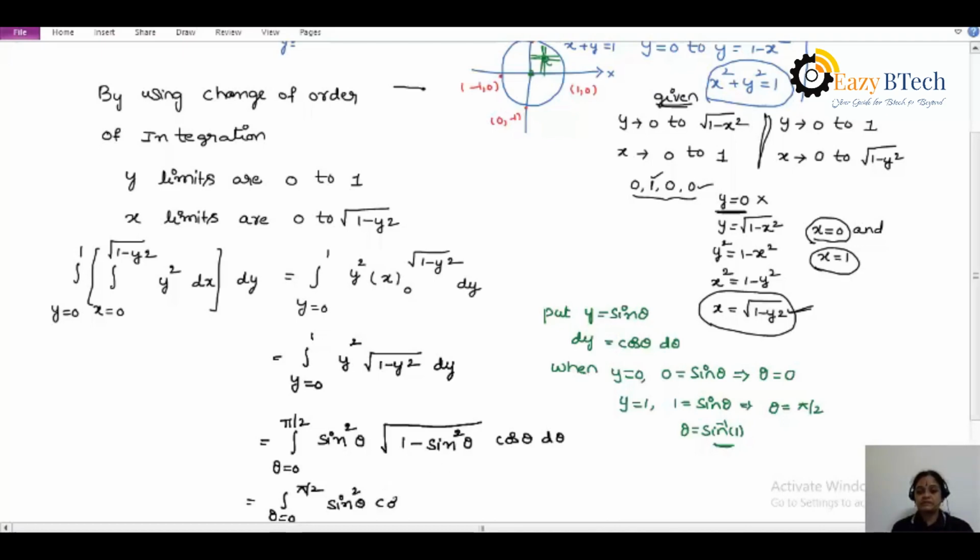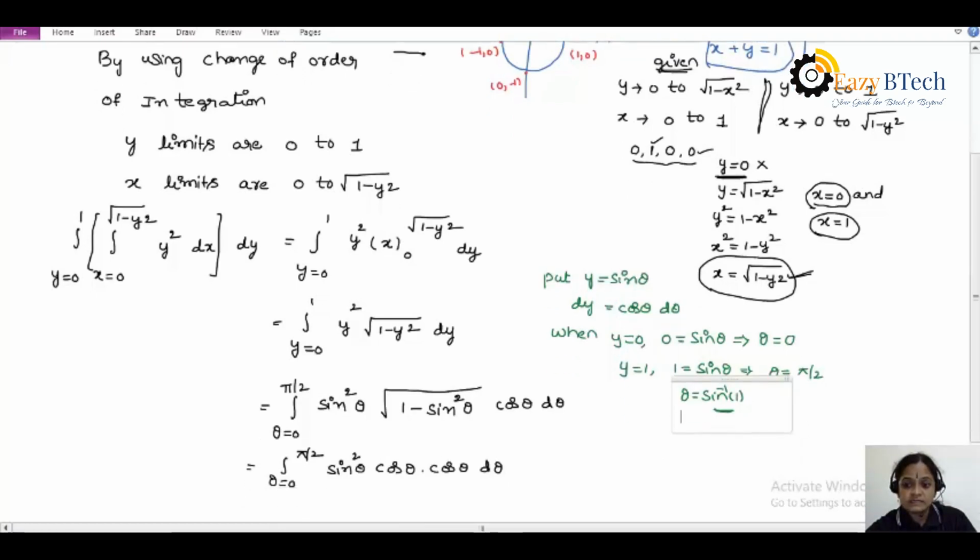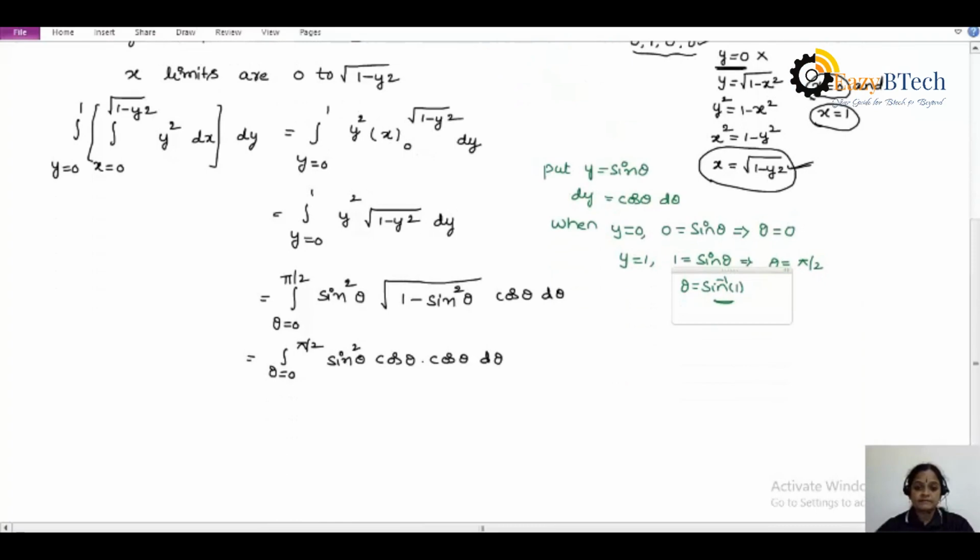Within the root the value is cos theta, and again another cos theta, into d theta. Okay students, doing the multiplication of cos theta and cos theta, the value is integral 0 to pi by 2 of sin square theta cos square theta d theta. We know the formula for this one. When m and n are even, we use the 0 to pi by 2 formula.